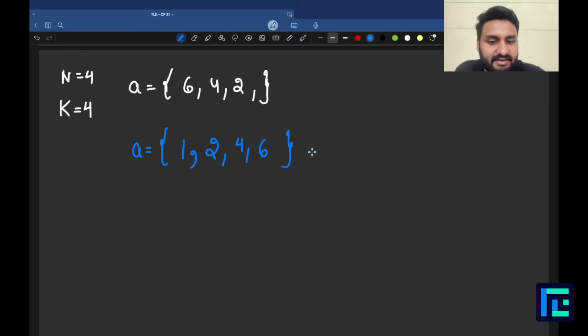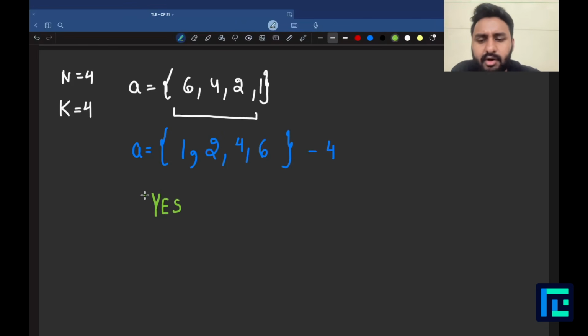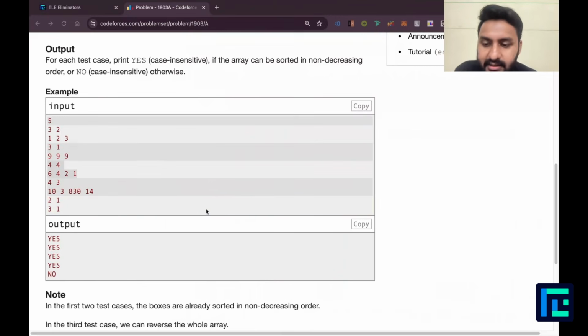Since the subarray size is 4, I can definitely go till 4, hence this satisfies the condition. Taking this total as a segment of 4, I can see that I have reversed this and it is now in a non-decreasing order. So the answer to this question becomes yes. Using some particular operation, I was able to achieve a yes answer. So the answer to the third case is definitely yes.